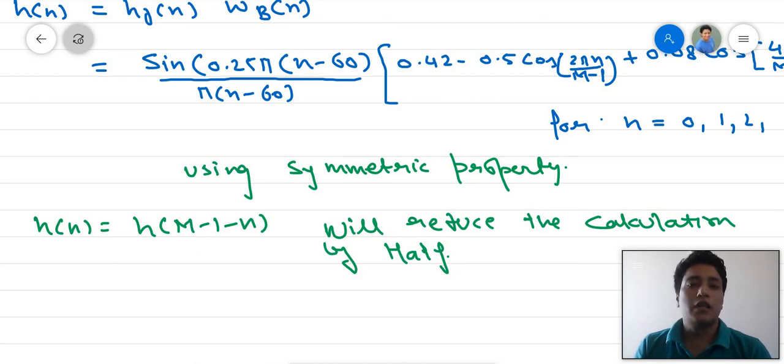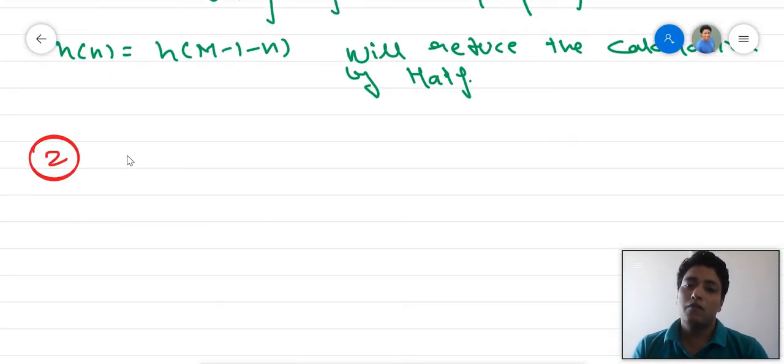Now this is the impulse response with the Blackman window. Now we will discuss part 2, FIR filter design using Kaiser window.